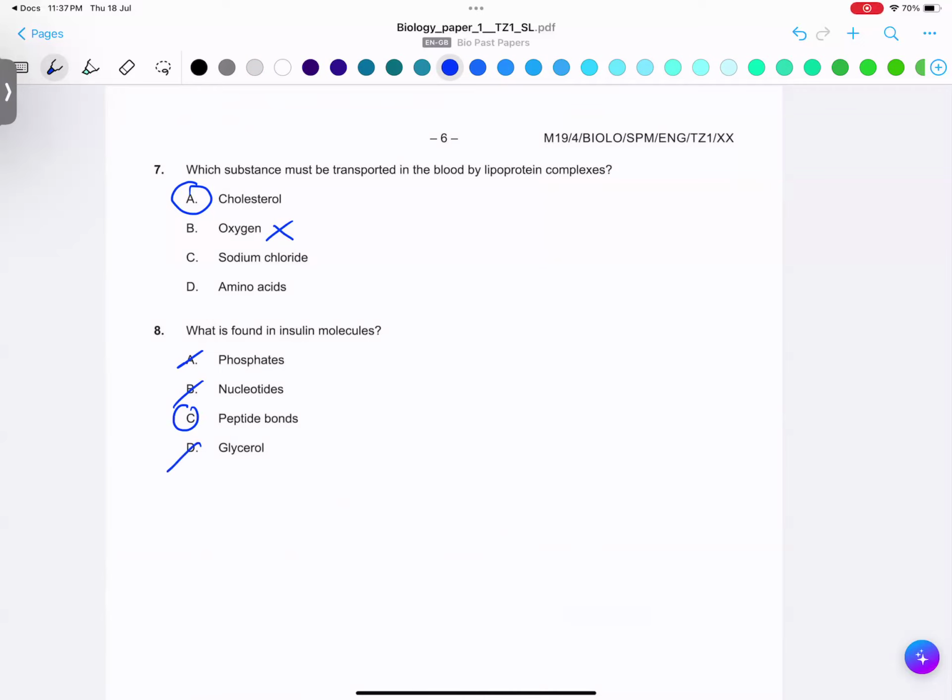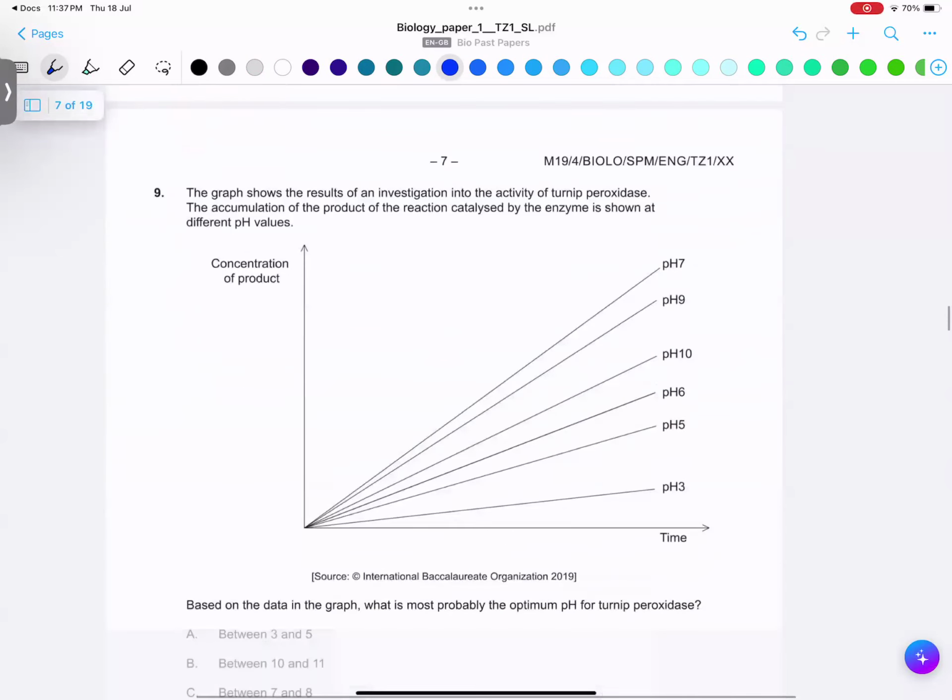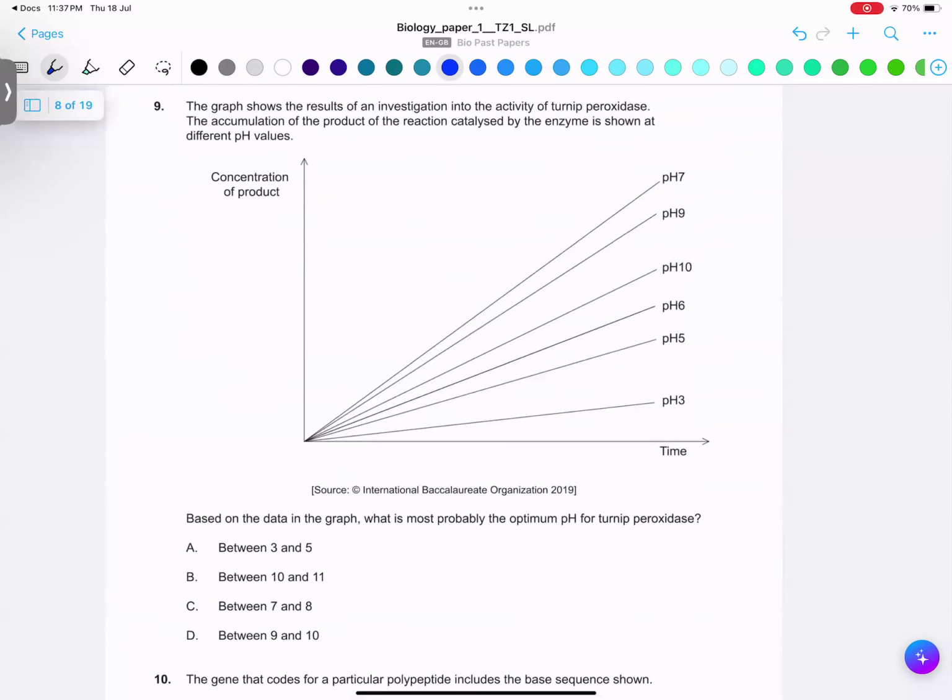This was quite easy. Now for the question: the graph shows the results of an investigation into the activity of turnip peroxidase. Okay. So this is our enzyme, I guess. The accumulation of the product of the reaction catalyzed by the enzyme is shown at different pH values. So we do know that enzymes are affected by pH, and by temperature as well.